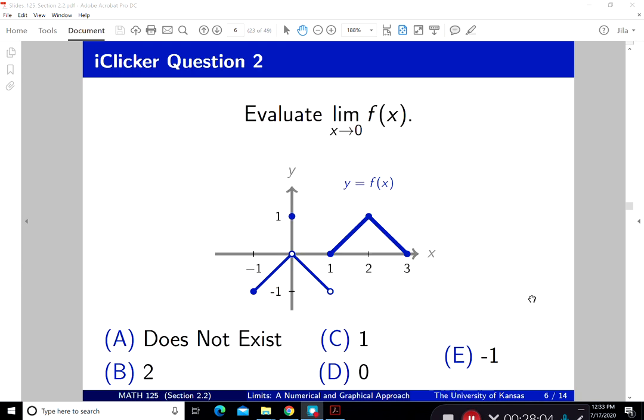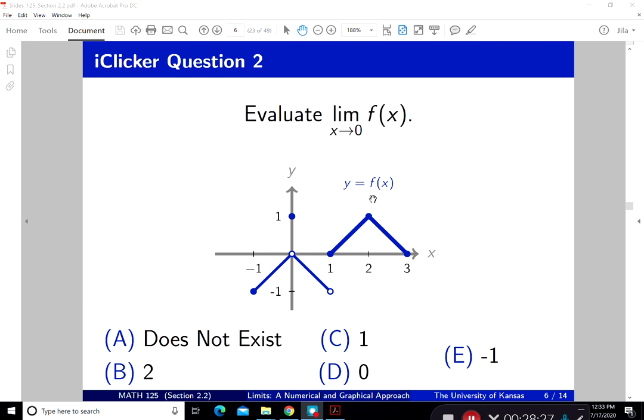Now let's do iClicker question 2. Evaluate the limit as x approaches 0 of f of x. And this is the function. So the choices are a, does not exist, b, 2, c, 1, d, 0, and e, equal to negative 1.